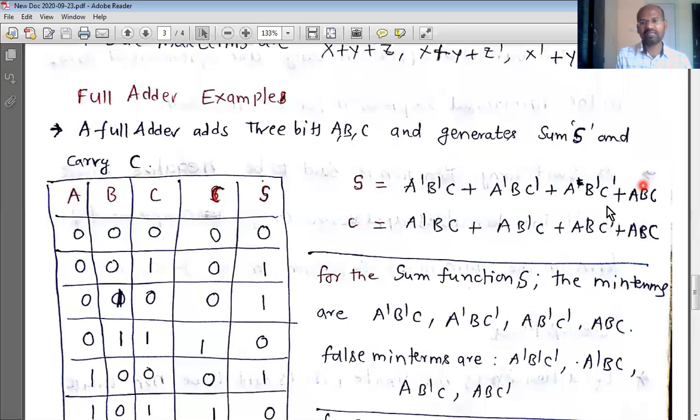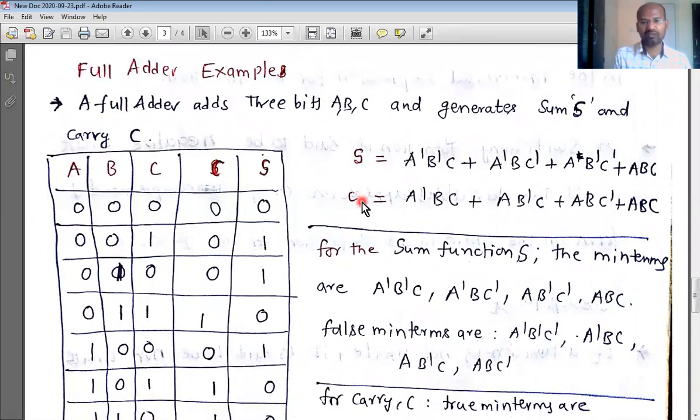If any of these terms is 1, then the sum is 1. Either this or this or this or this means what operation is to be done? OR operation, plus. That's why we get plus here. So that is how we get the sum expression.